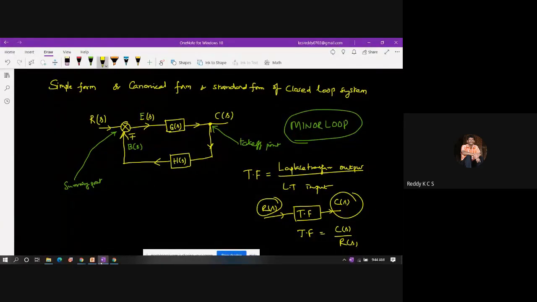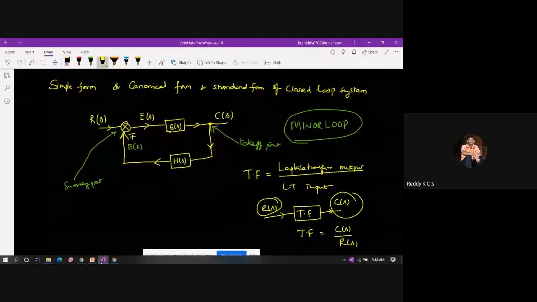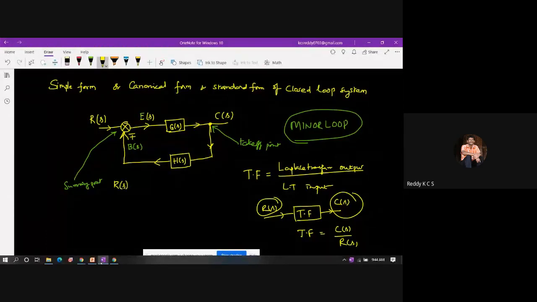Similarly, G of S is the transfer function of this block, and it can be written as C of S by E of S. That way we represent the transfer function of each block. The naming here is R of S, which we know already. It is R of t in the time domain, but I have converted it into the frequency domain by applying the Laplace transformation.